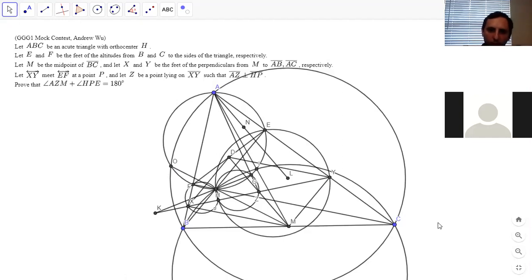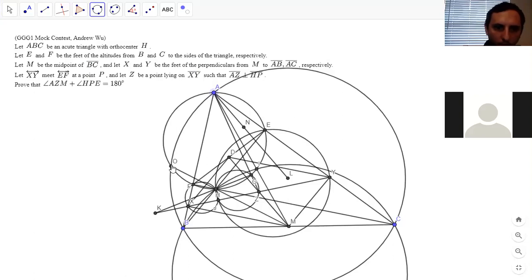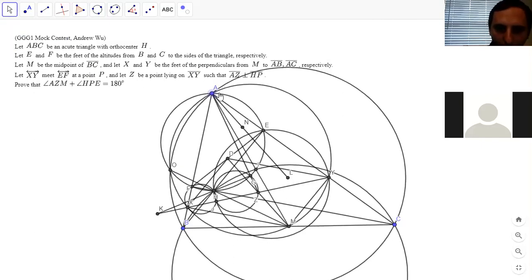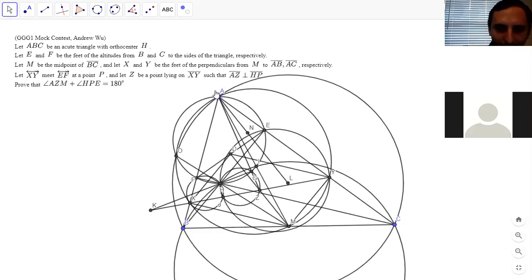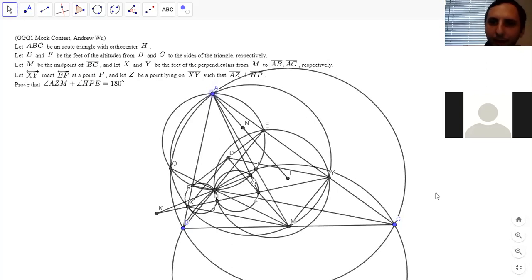Then AOXY is cyclic? I think so. Yes. And it looks like it also passes through M. Oh, and I think that might be true by the gliding principle, actually. Let's see if it really passes through M. Yeah. Interesting. It's a circle with diameter AM. Yeah, it's more obvious than I thought.